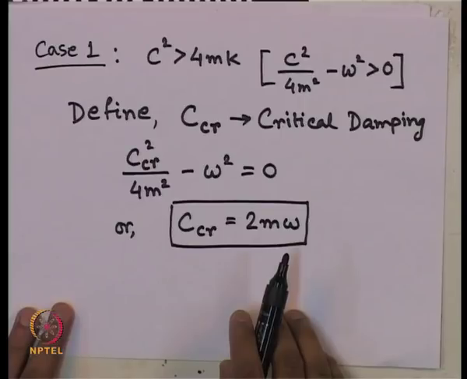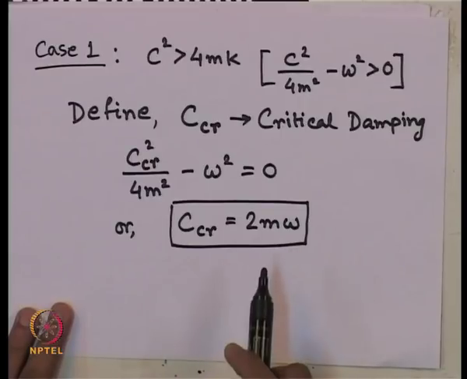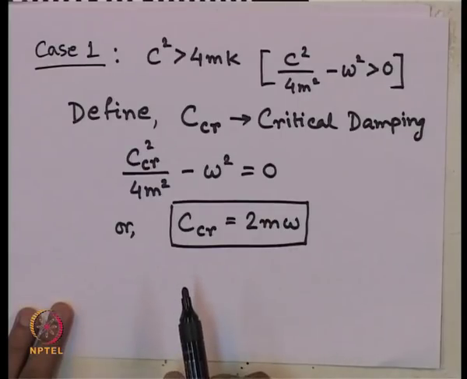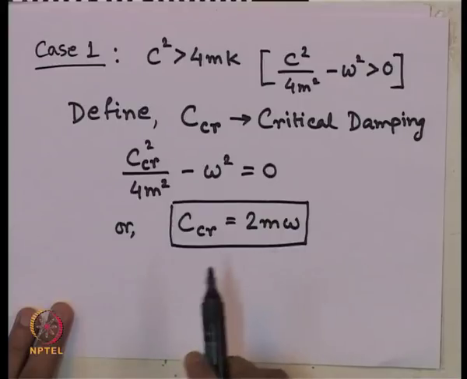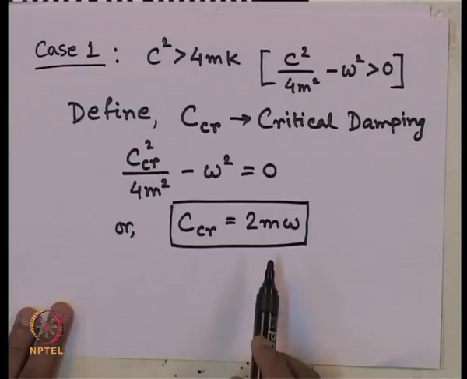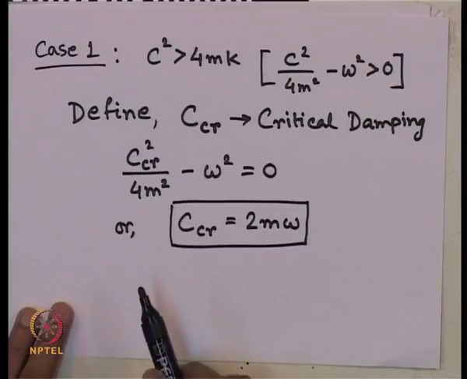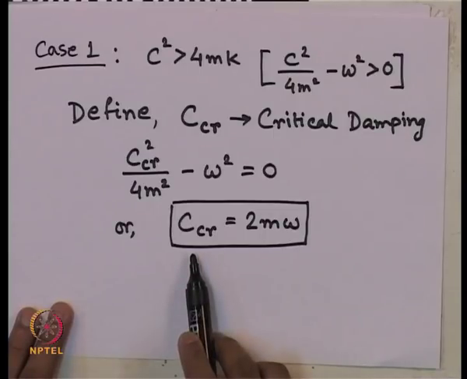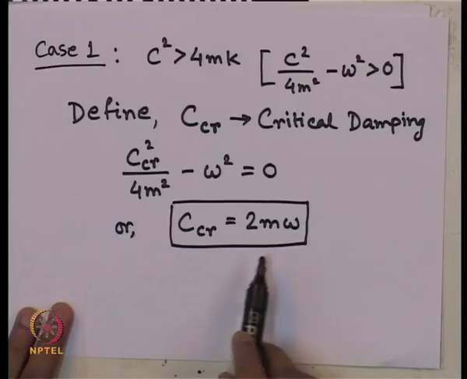Now, if we compare this with our previous solution for case 2, where roots were real and equal, this corresponds to that case. So, we have just now solved a case of critically damped condition. So, CCR equals 2 m omega.